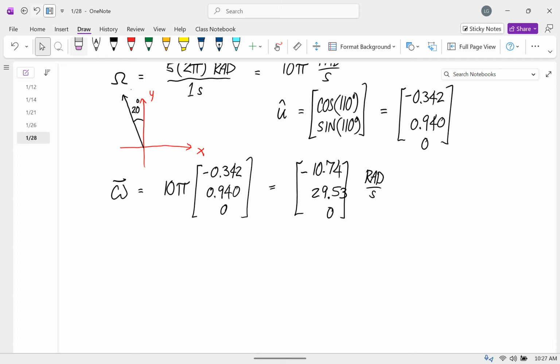Okay, well, now we have to define the angular acceleration, which is also a vector. And we're going to use the Greek letter alpha for that, lowercase alpha, like a goldfish.